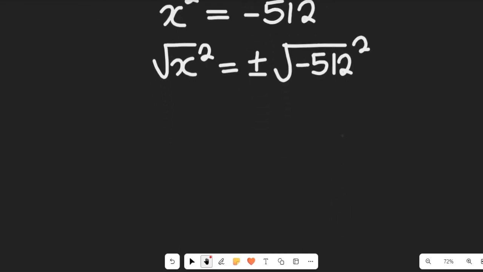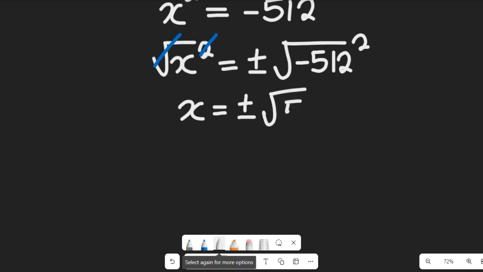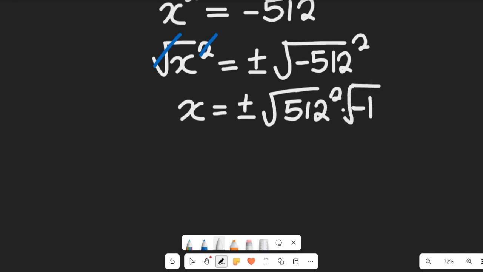Now from this expression, I can simply see that my square root will cancel out x squared, and then I'll have x equal to plus or minus the square root of 512 squared multiplied by negative 1, which is also the square root of negative 1.